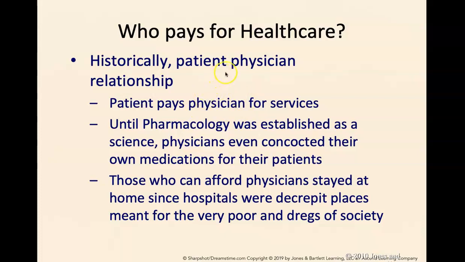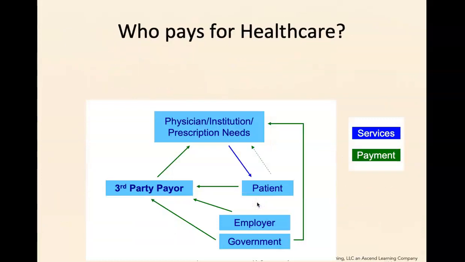So the patient-physician relationship can be considered a two-party relationship. What we have now, though, in the current arrangement is that this relationship has evolved with a third party involved, and we call that the third-party payer source.